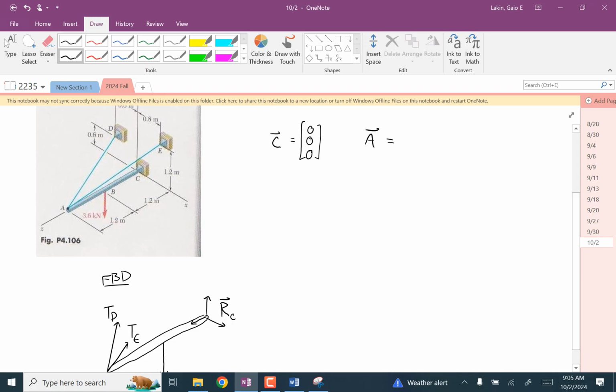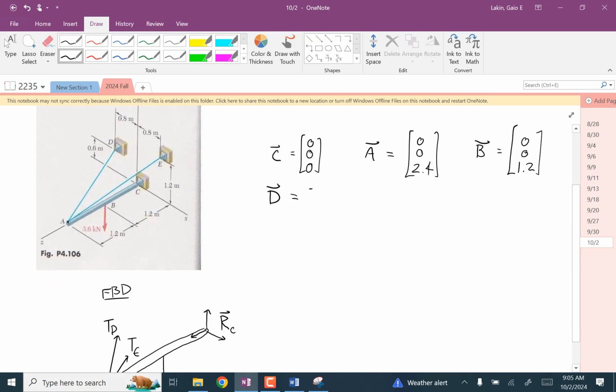A is 2.4 meters. B is 1.2. D is negative 0.8, positive 0.6, 0.